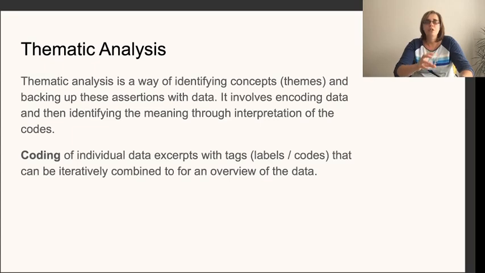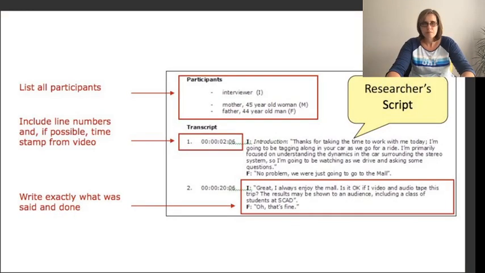So again, you've got individual pieces of data, excerpts from interviews, sentences from interviews, observation instances, and you tag them with labels or codes, and then you iteratively combine them to get an overview. Now, the key difference between this and grounded theory is that in thematic analysis, you have a research question that you're trying to answer. So you have a direction, a path that you're working towards.